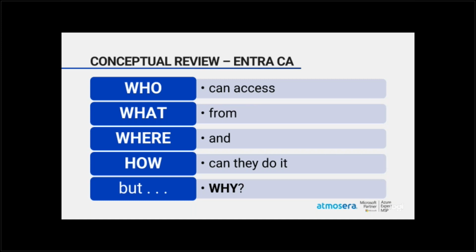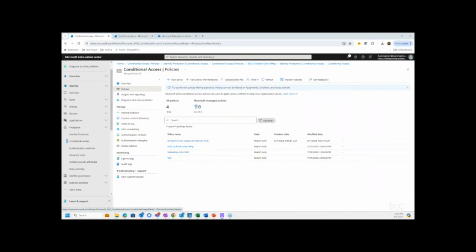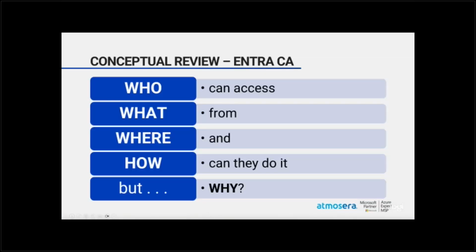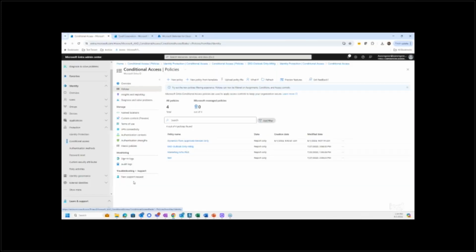So I'm going to switch gears and go into the Entra conditional access policy screen and walk through some of those questions, and then we can talk about the why of it, because you're going to see this gets pretty powerful. And when we have powerful tools that can get into a lot, there's always a potential for it getting a little confusing.